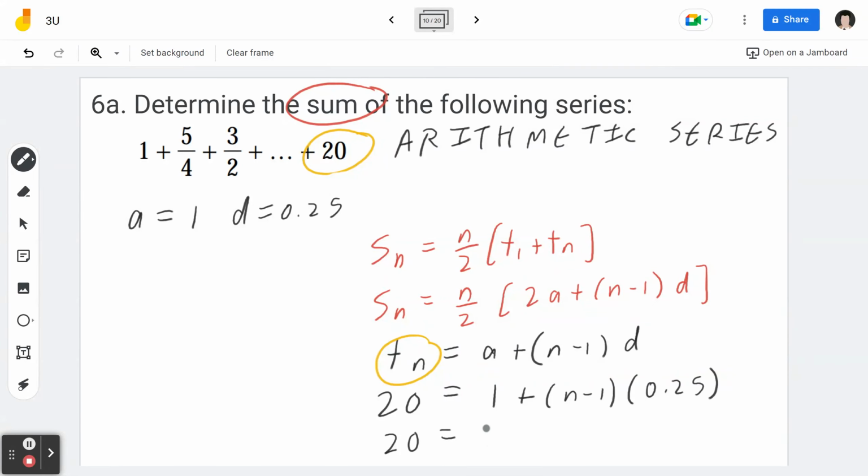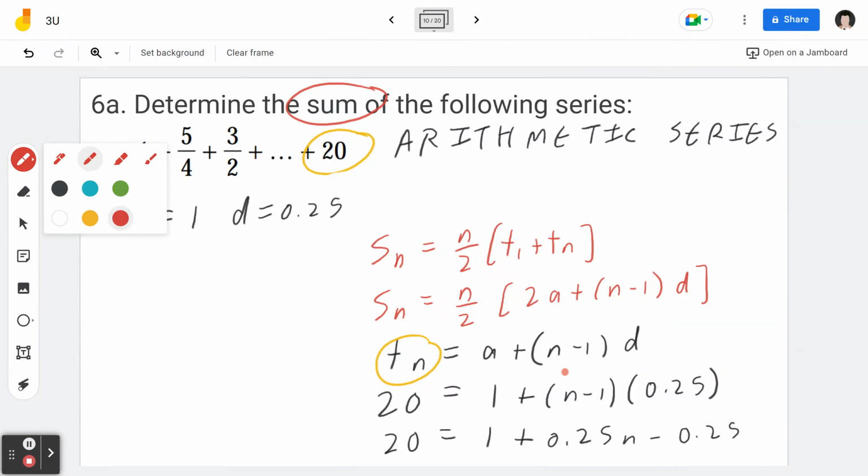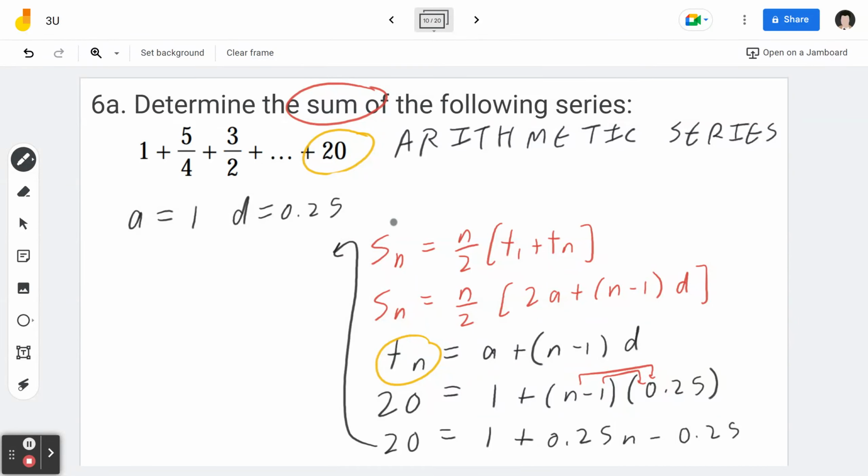So again, 20 is going to be equal to 1 plus 0.25 n minus 0.25. Again, if you didn't catch that, you can draw the arrows just like that. And I'm going to continue here. So again, 20 equals 0.25 times n. 1 minus 0.25 is 0.75.